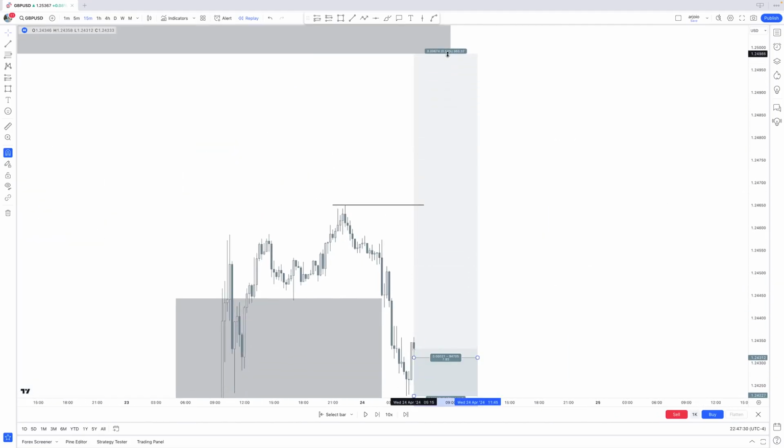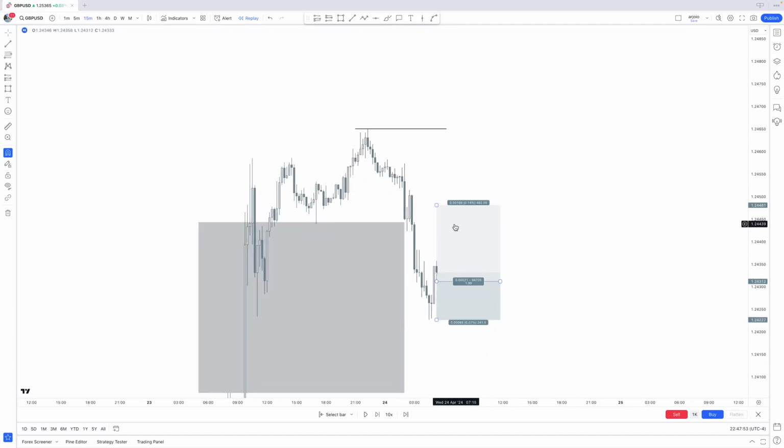Again, the further the target, most likely also the lower your win rate. So if you are fine with taking 8 hits before you take a winner like this, be my guest. I personally am not a big fan of that. My psychology is quite crucial to me. So I like to have a little bit of higher win rate, lower RR for my targets, which is perfectly fine by me. So right here, I like to go for a 1 to 2 RR.